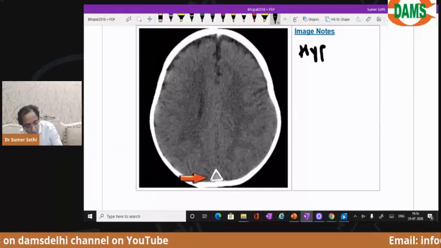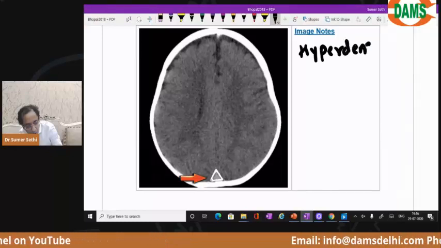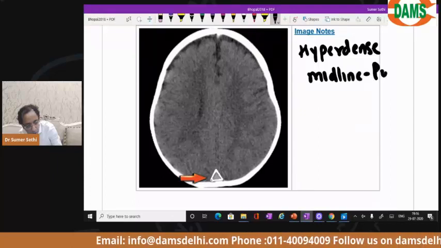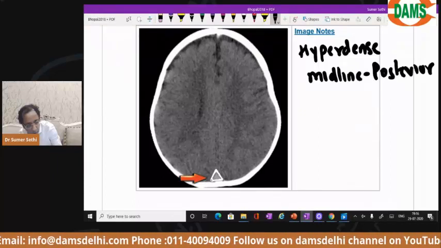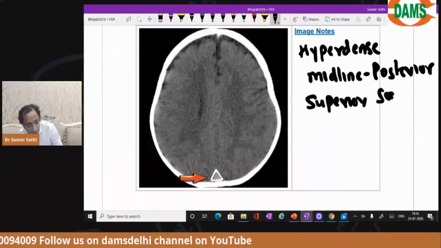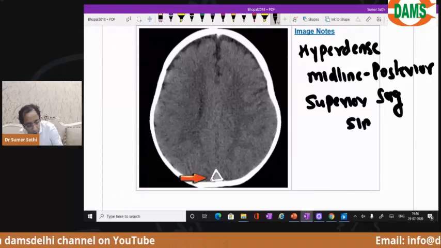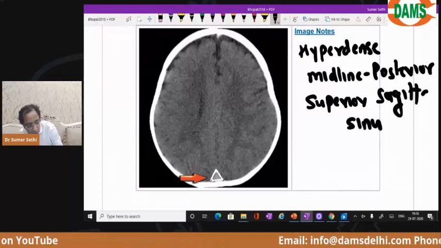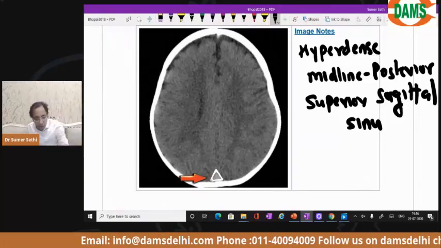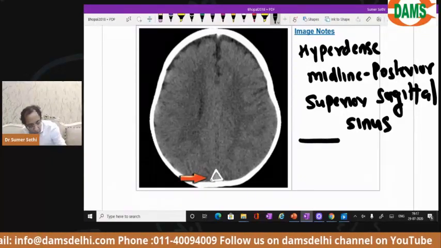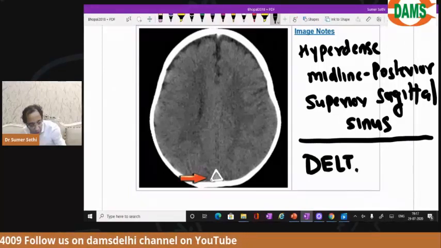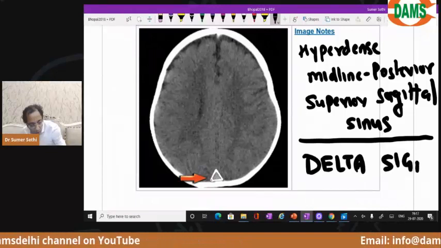This triangular structure is located in the midline posteriorly, so it must be the superior sagittal sinus. An artery in cut section is round, but the venous sinuses are triangular in shape. So the superior sagittal sinus is appearing hyperdense. We call it the delta sign on NCCT.